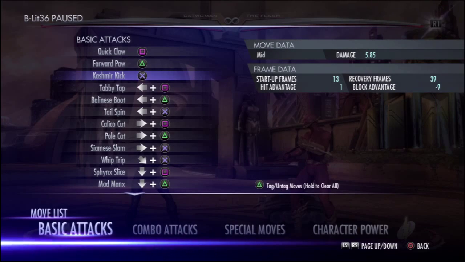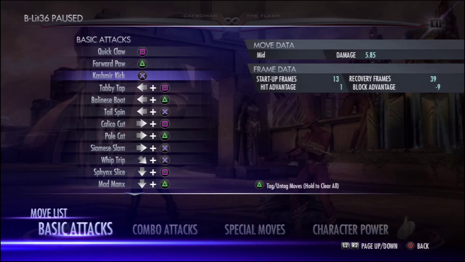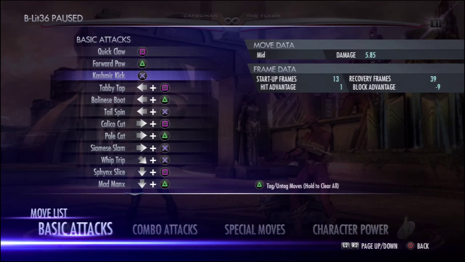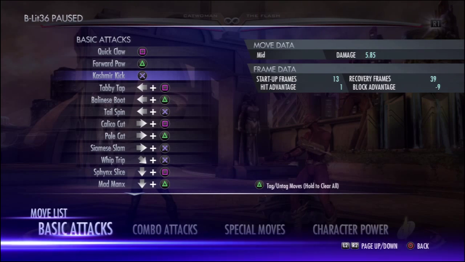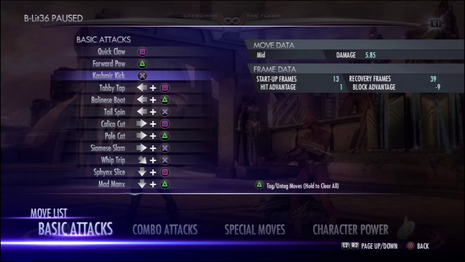Now we're going to look at a different attack. This attack actually has a block advantage of -9, which means that my opponent is going to recover 9 frames before I do. So that means there are 9 frames where my opponent can do something and I haven't recovered yet. I cannot block. So that 6-frame attack should be able to fit into that 9-frame window, meaning I can't protect myself.